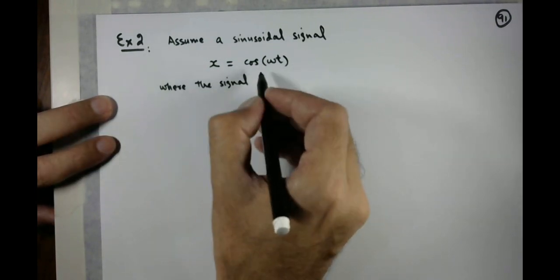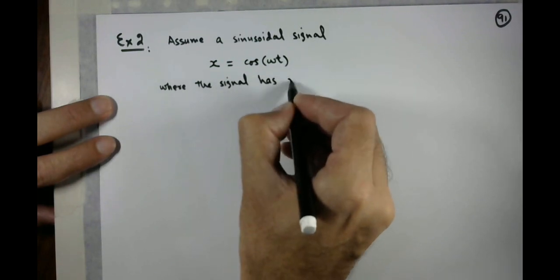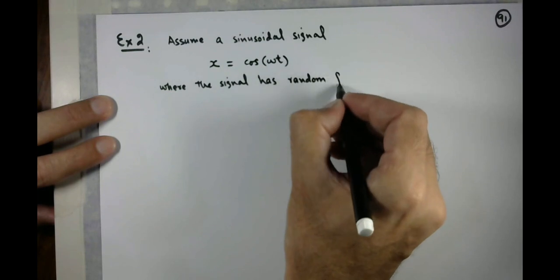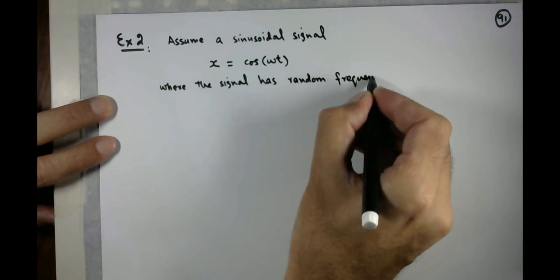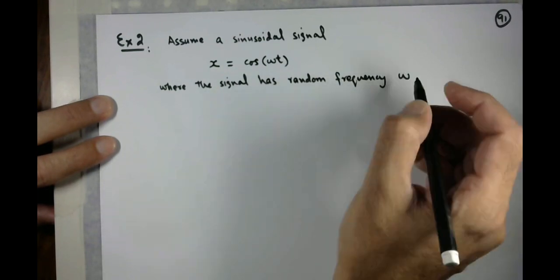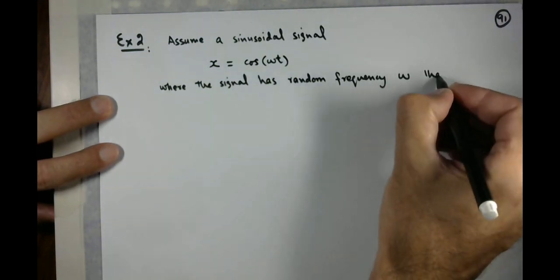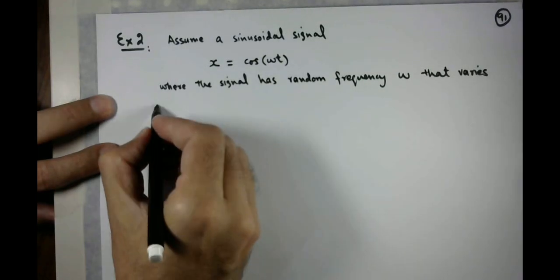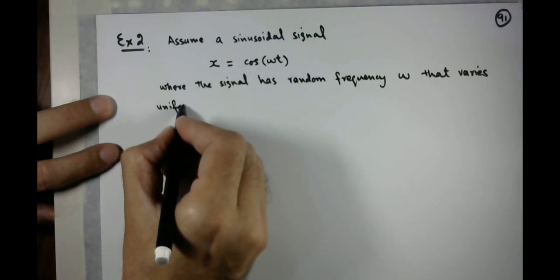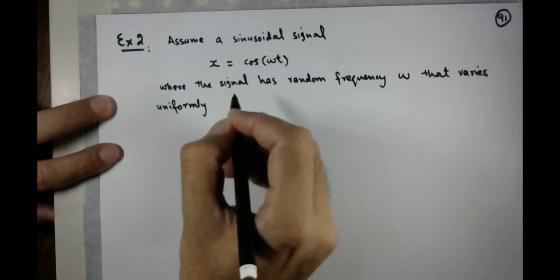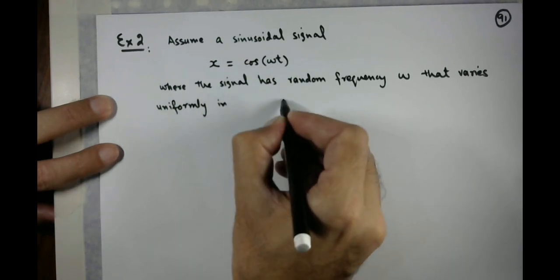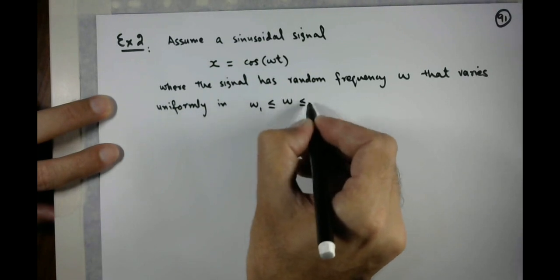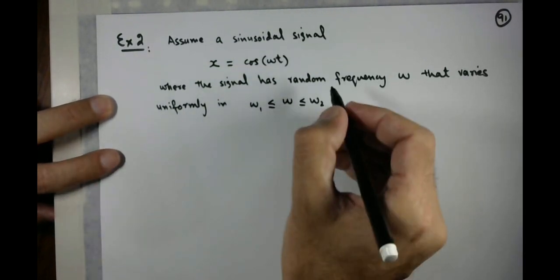So where the signal has random frequency omega that varies uniformly in the range omega greater than or equal to omega 1 and less than or equal to omega 2.